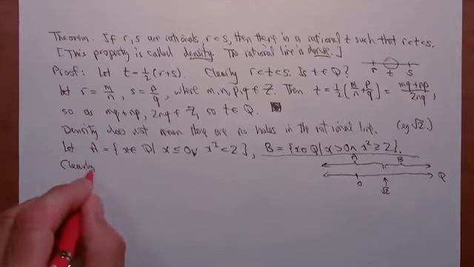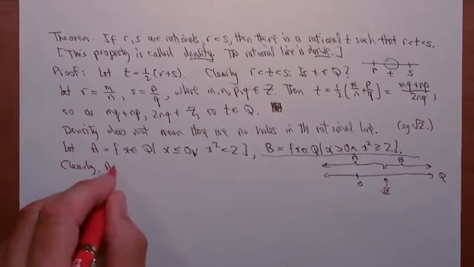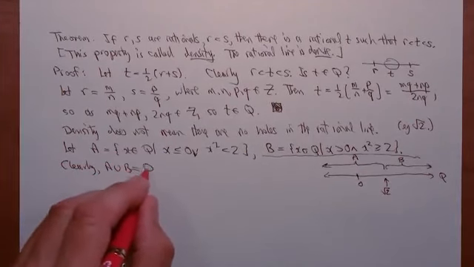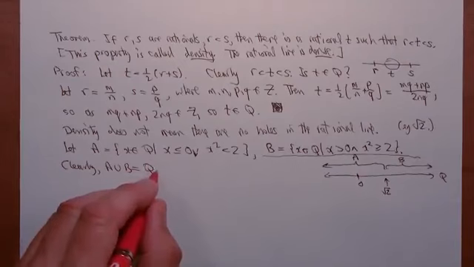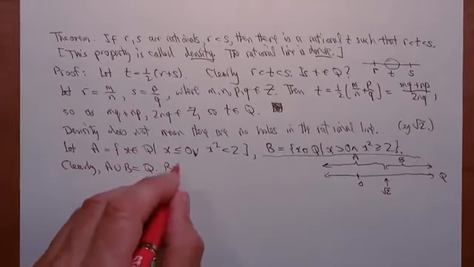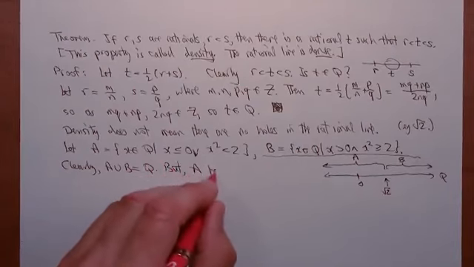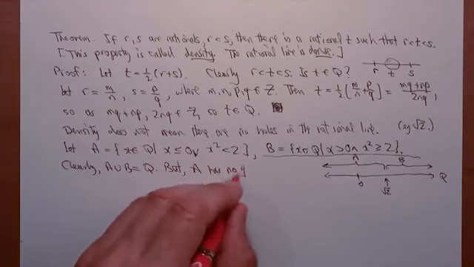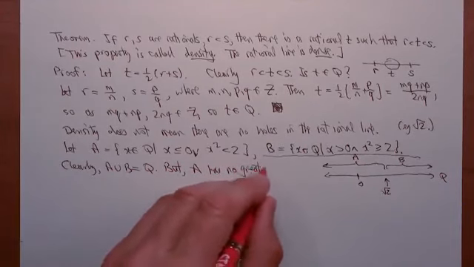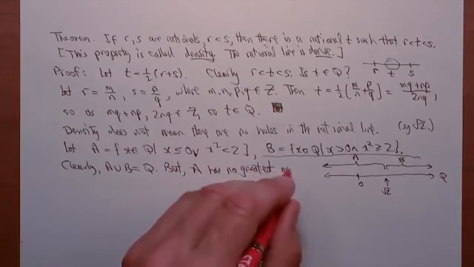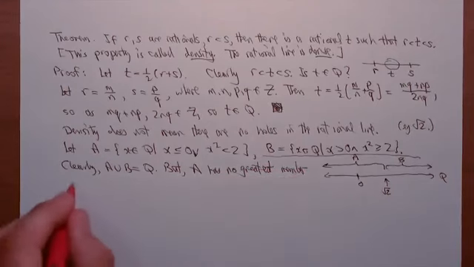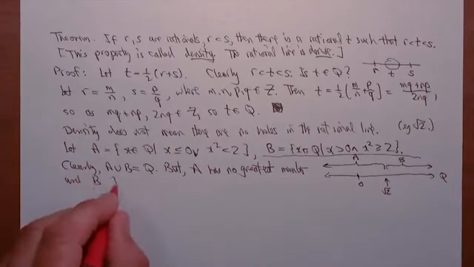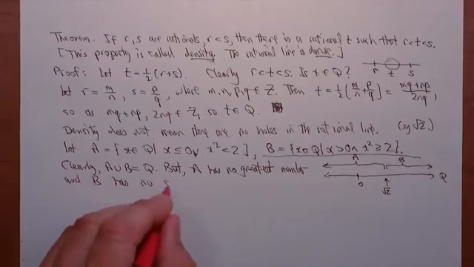So clearly, A union B is the rational line, but, and here's the kicker, A has no greatest member, and B has no smallest member.